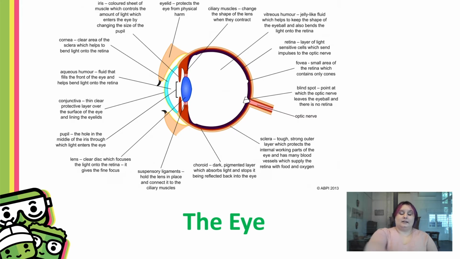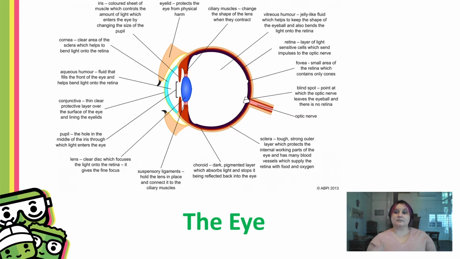So light, as we said, enters the eye, it moves through the cornea, through the aqueous humor, through the pupil, it hits the lens, which is a clear disc. The lens refracts or bends the light. The light then travels through the vitreous humor, which is the fluid inside the eyeball, and the light is focused at the back of the eye on the retina.